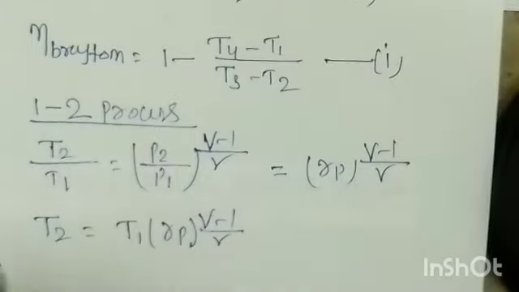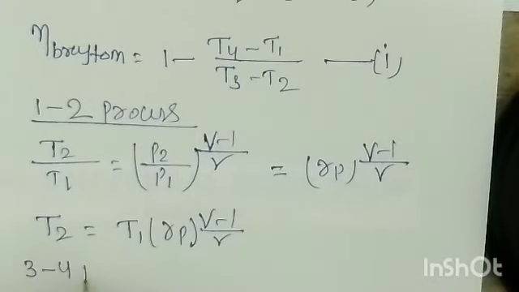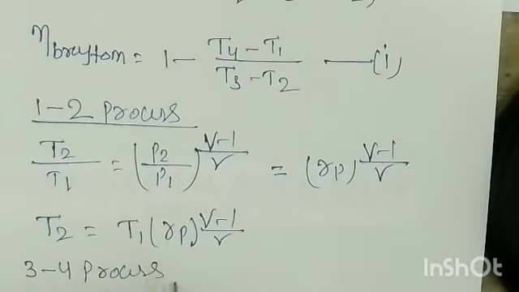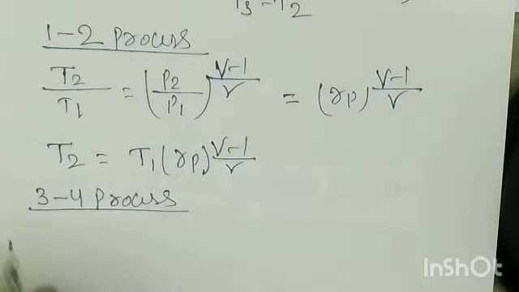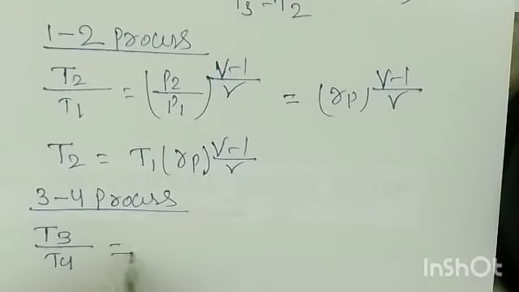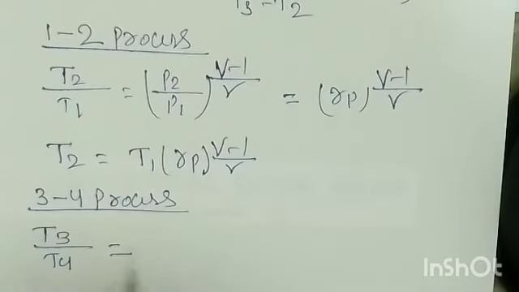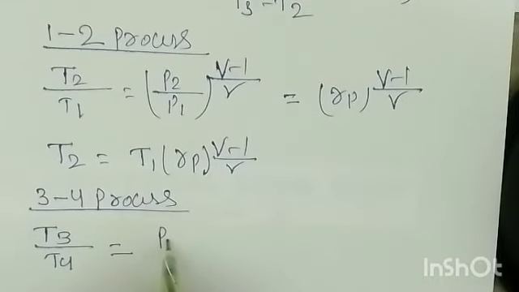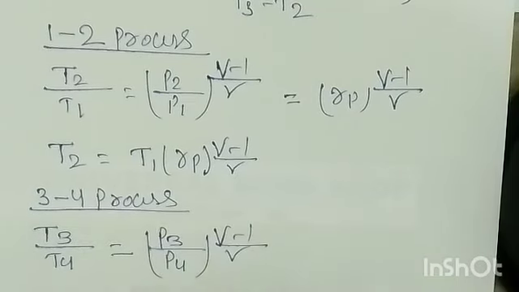Now further we'll come to the expansion, meaning the turbine side. So we can say the 3 to 4 process. 3 to 4 process means what? T3 by T4 is equal to P3 by P4 to the power of gamma minus 1 by gamma.